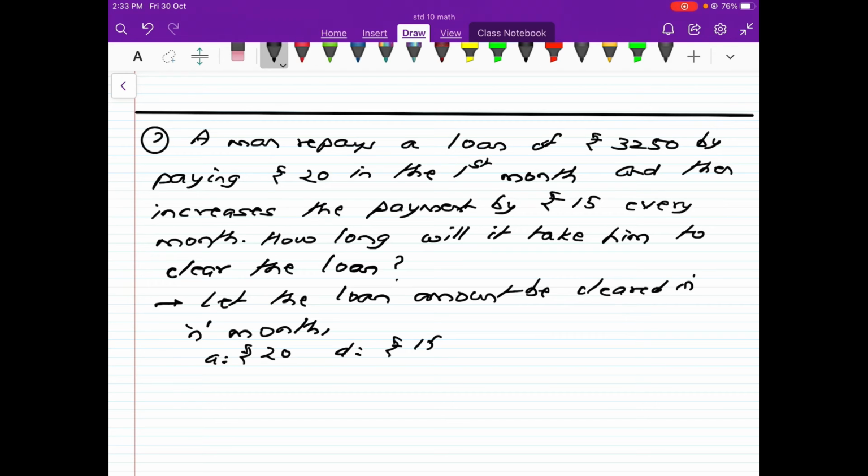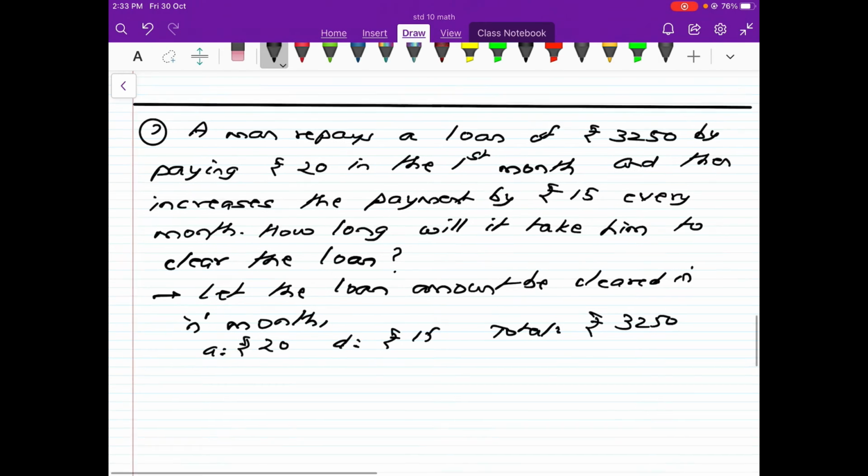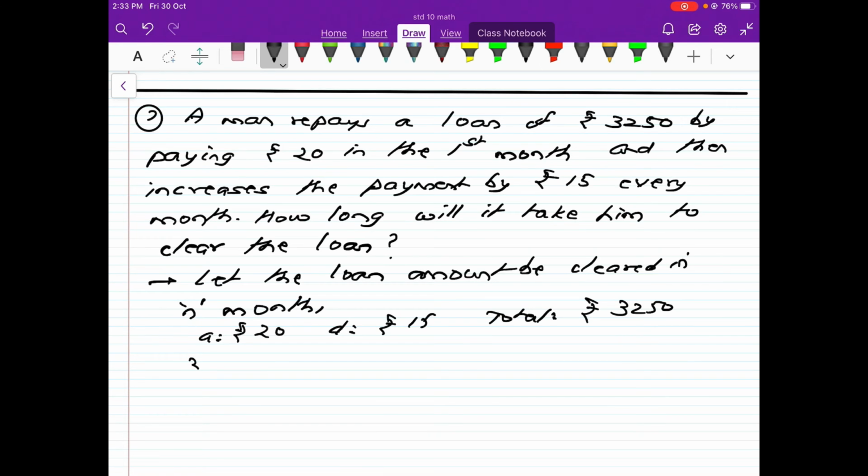So how do we do this? Now the total sum is rupees 3250. What we don't know is n, so we will just put in the sum of n terms formula, n upon 2. n is what we don't know, 2 into 20, because 20 is the first installment. Again n we don't know, n minus 1 into 15 is the difference.